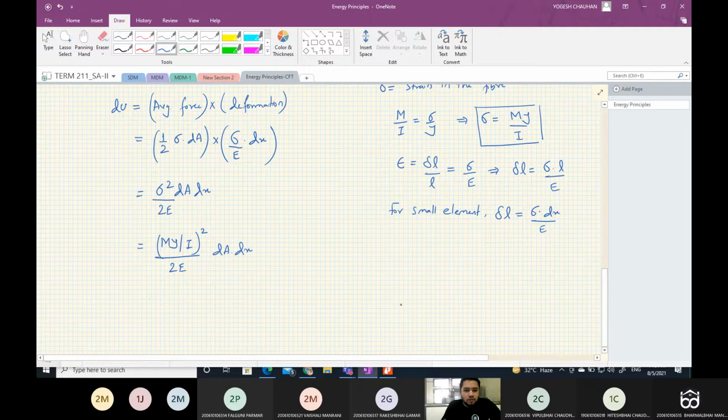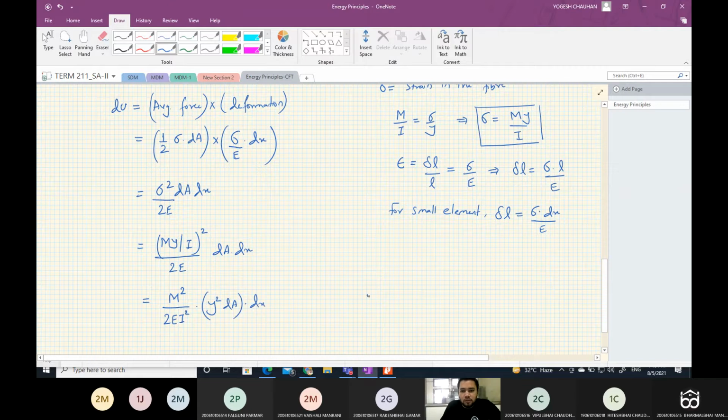Okay, so this is equal to M square by 2E I square into y square dA times dx.